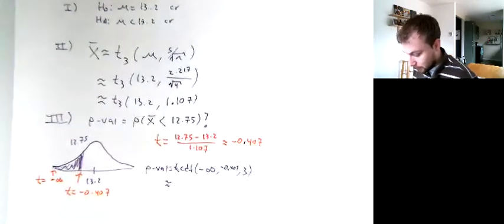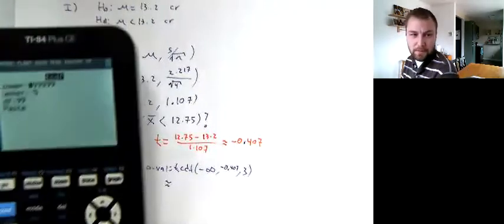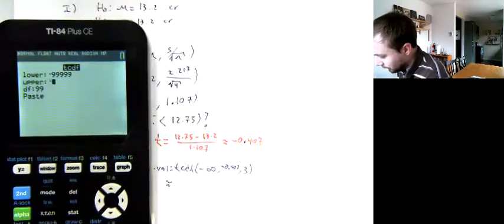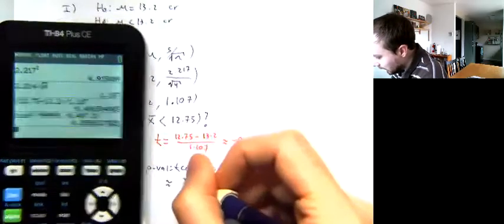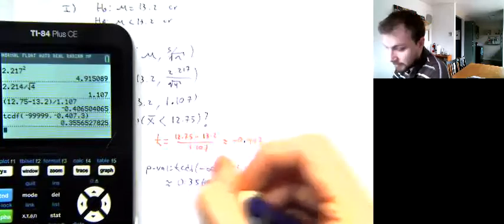So in my calculator, I am doing tcdf negative infinity to negative 0.407, with a df of 3. This gives me a p-value of 35.6% or so.